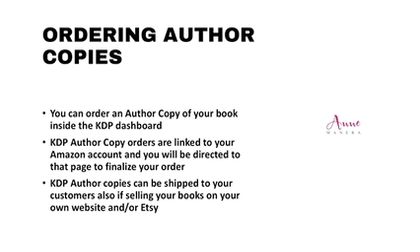Your KDP author copies can be shipped to your customers also. I sell a lot of my books right directly on my website. Many other people sell them through their Etsy shop, or they sell them through other online marketplaces. And at that point, it's almost like KDP is a drop shipper.